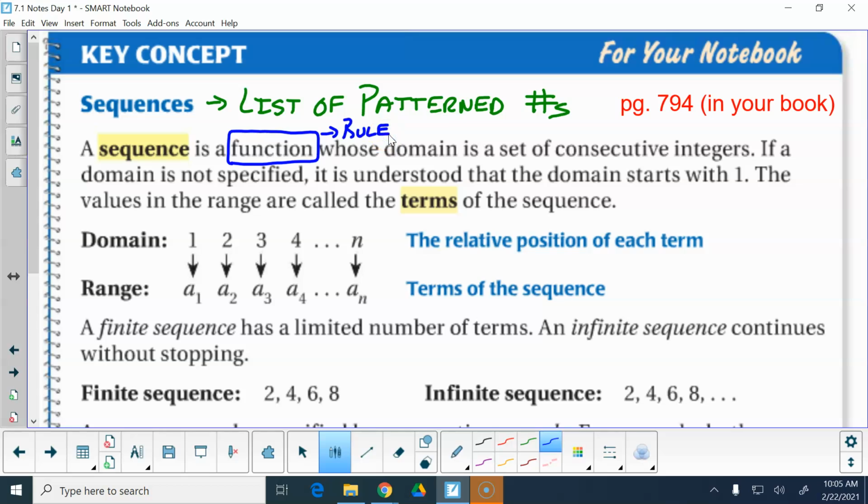And the rule is going to allow you to find any specific term. So if the rule was 3n plus 8, and you needed to find the 15th term, you would plug in 15 for n, and that would give you the 15th term. So that would be the rule.